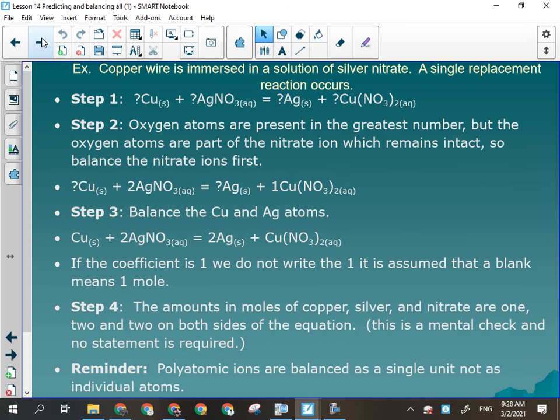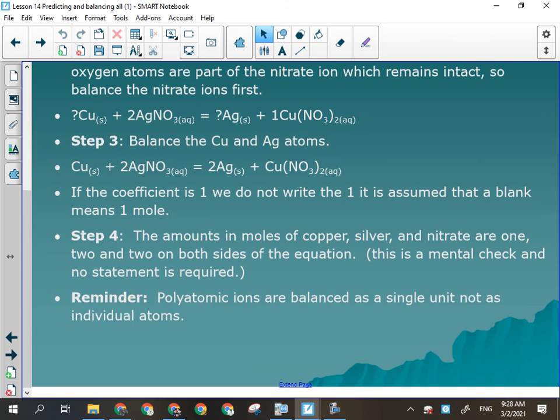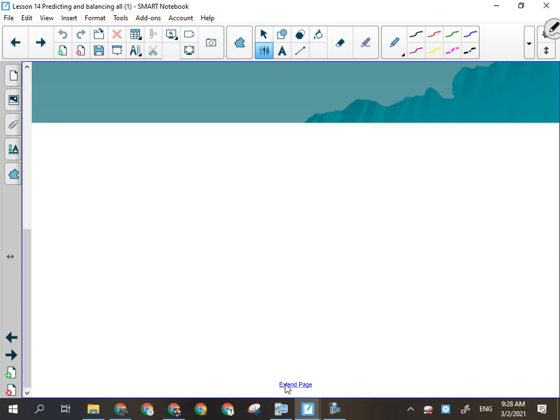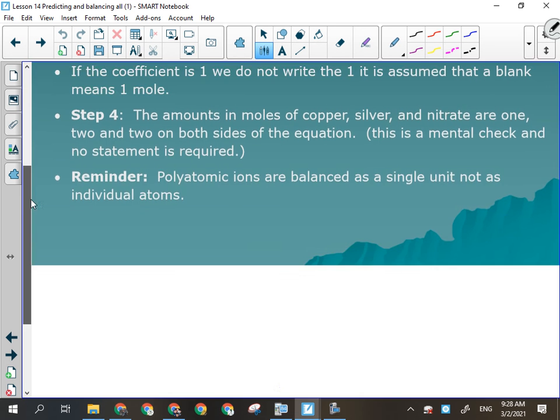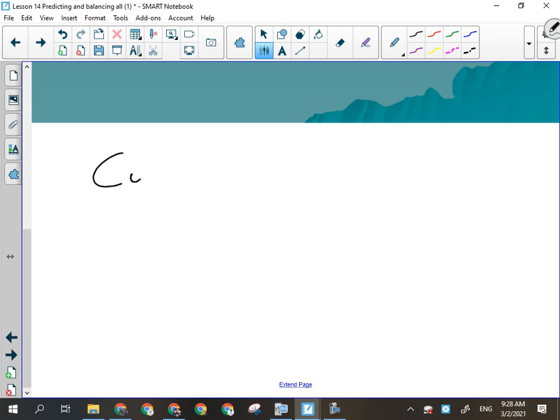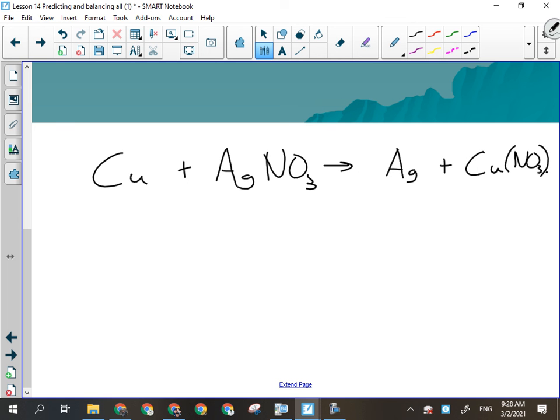So I want to have a look at this reaction here. I'm just going to write it out by itself. We've got copper reacting with silver nitrate, and that's going to form silver and copper(II) nitrate.